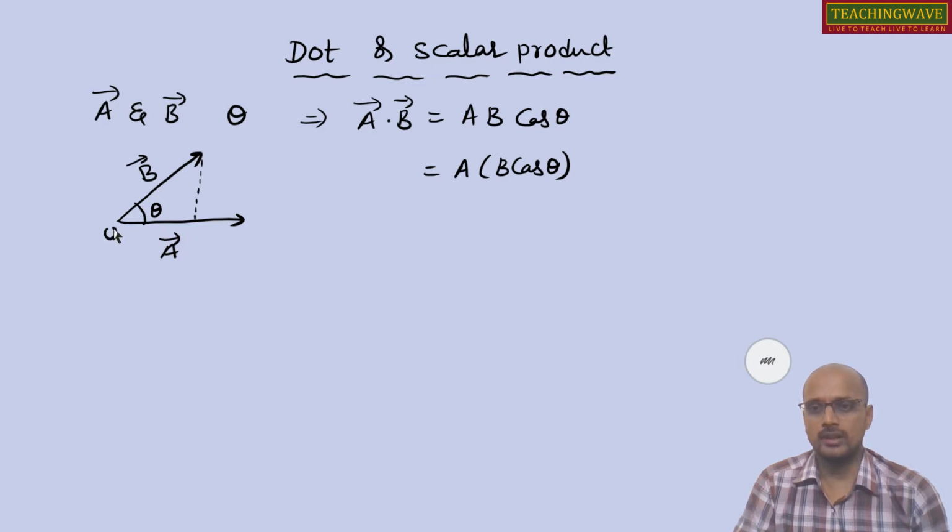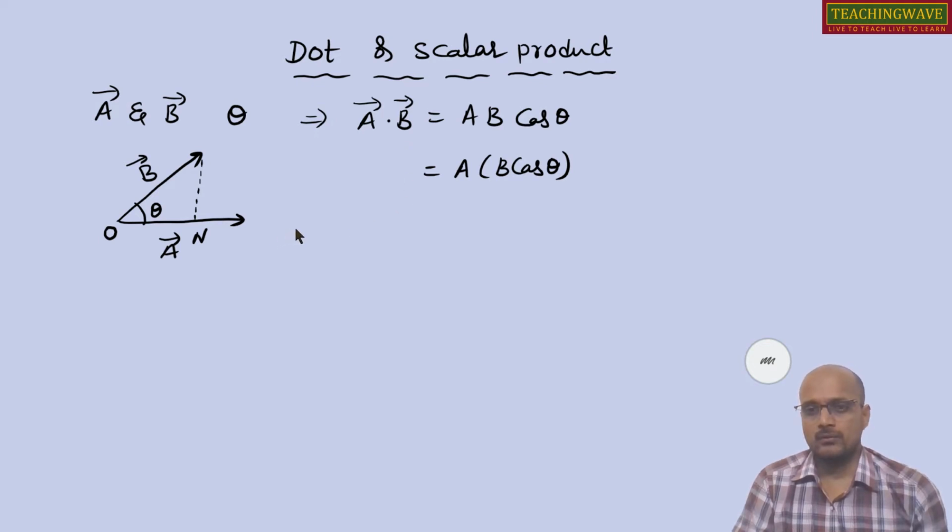Here O is the point of intersection, or co-initial point, of the two vectors, and N is the foot of the perpendicular on the a bar vector. ON is b cos theta. So a into b cos theta gives the dot product between a bar and b bar.